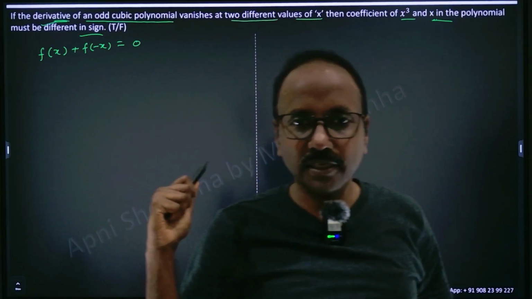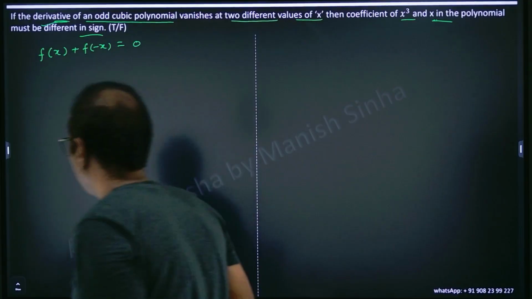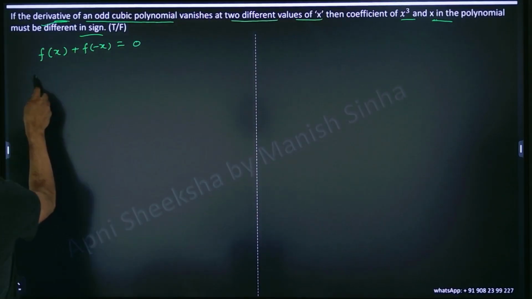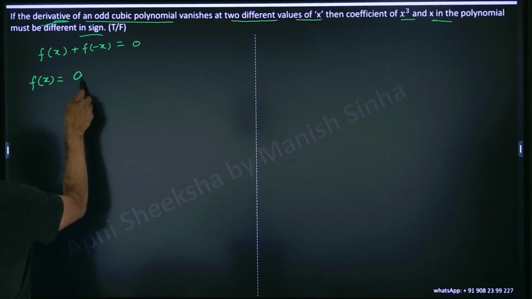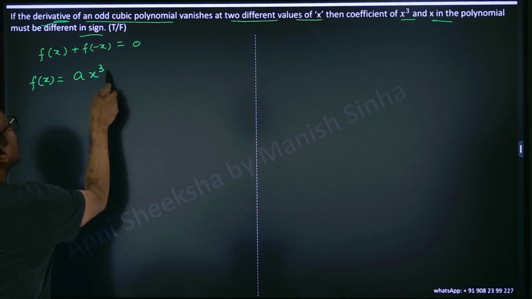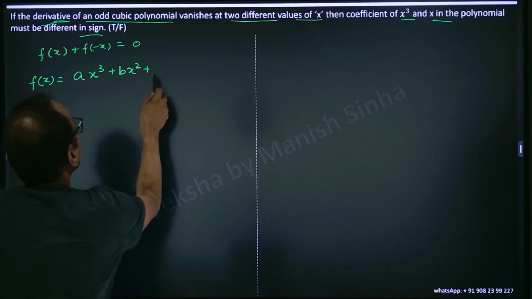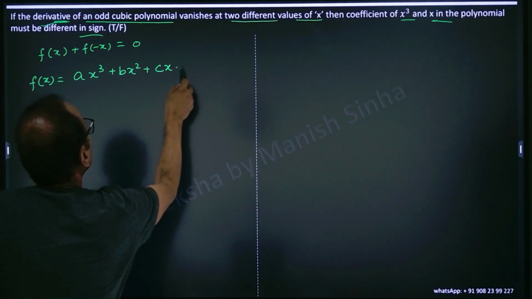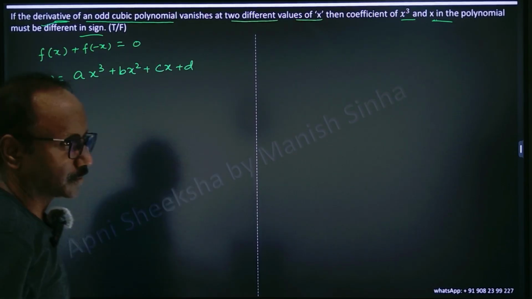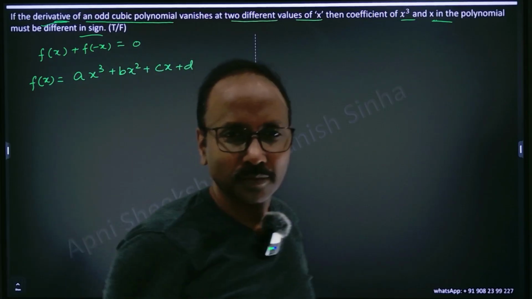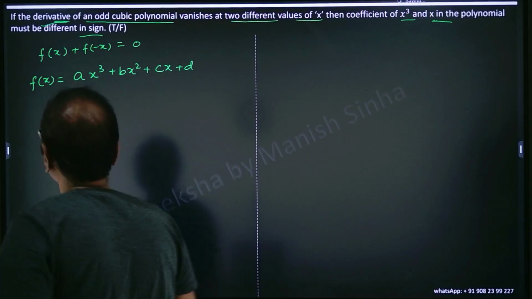where f(x) is the cubic polynomial. So let us assume that our polynomial is ax cube plus bx square plus cx plus d. Then we will check for f(-x).